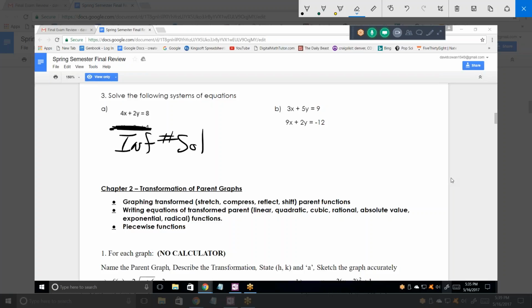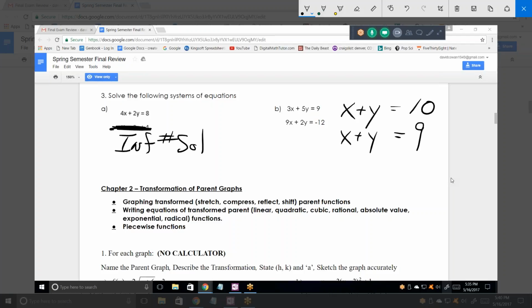What if I have the following two equations? x plus y equals 10 and x plus y equals 9. Can you solve that system of equations? Yeah.